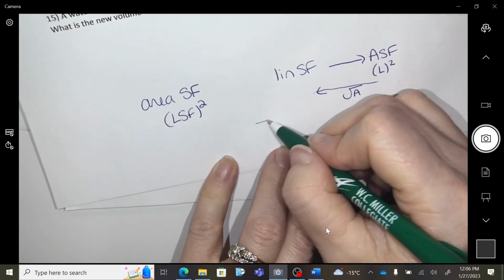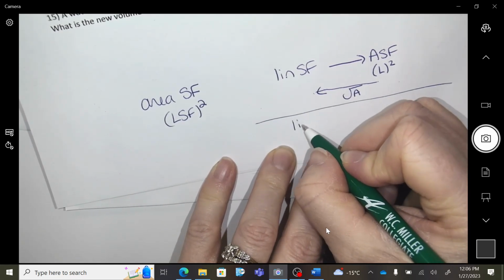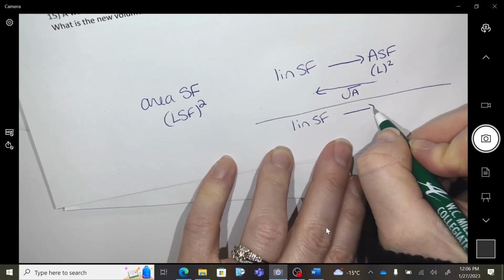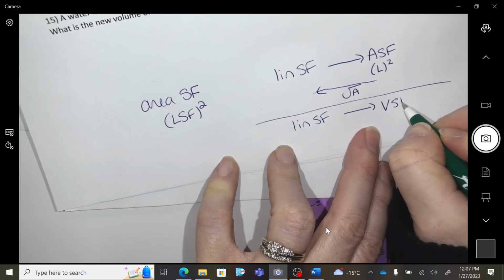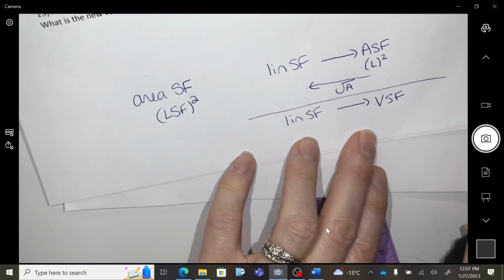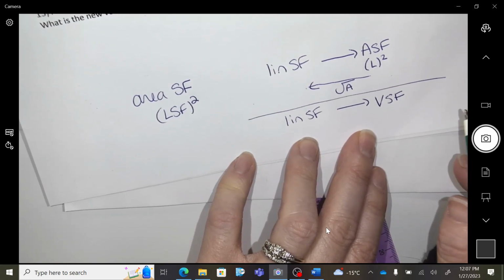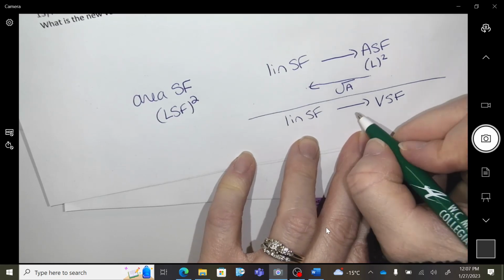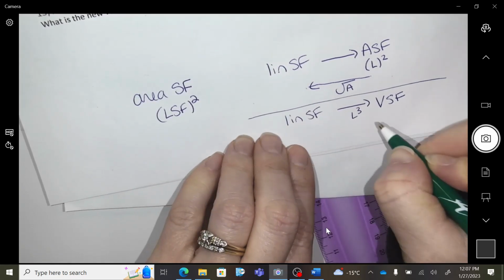And then we had linear scale factors and we talked about volume. What do you think we did to get that? How do you go from a linear to a volume? Cube it.